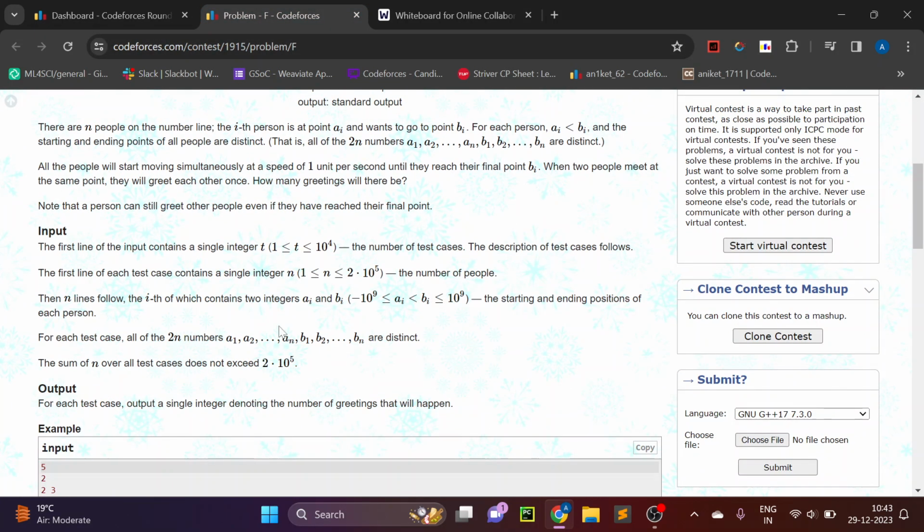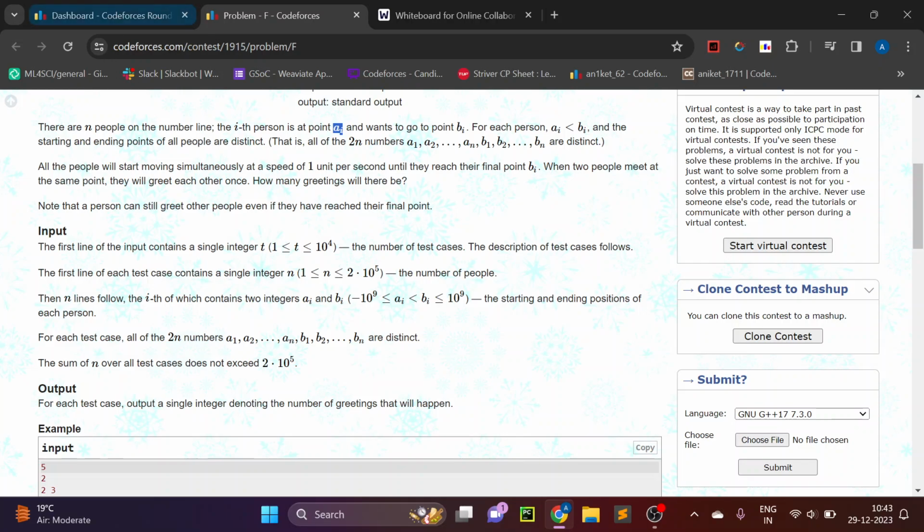So in the sixth question, we are given n pairs, and for the ith pair, the ith person goes from point a_i to b_i, and we are also given that b_i is greater than a_i. At each step a person can move 1 unit per second until they reach point b_i, and once they reach point b_i, they will just stand there.